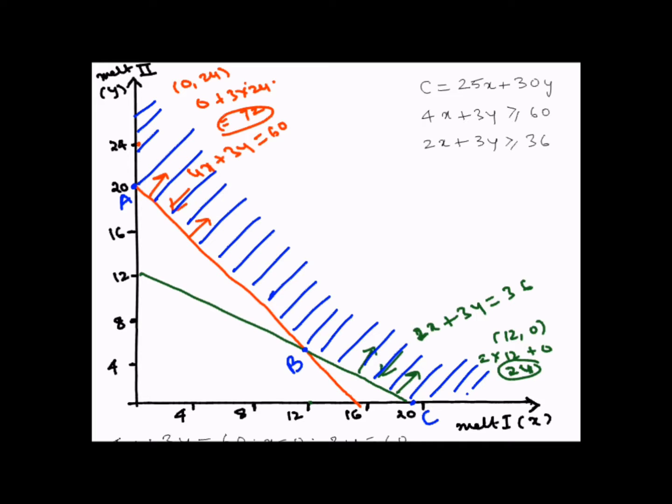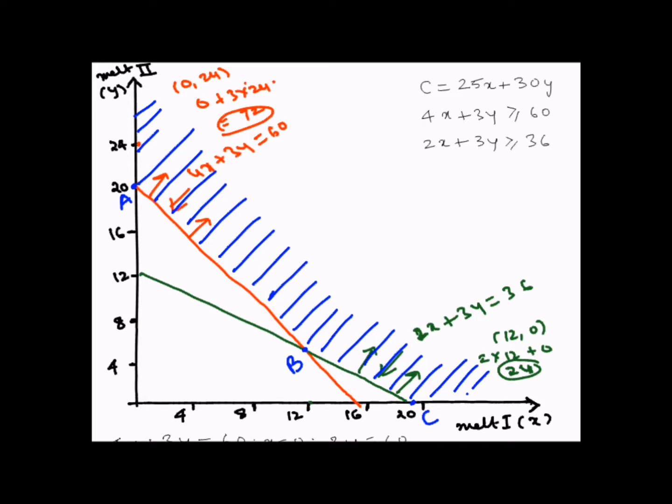On any particular line, the different combinations of x and y will give the same cost. Now we'll start drawing these series of lines from the point as close to the origin, and as we move upwards away from the origin, the nearest line to the origin touching the feasible solution region will represent the minimum cost.